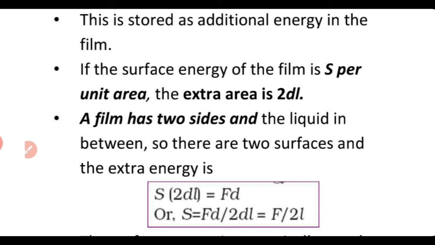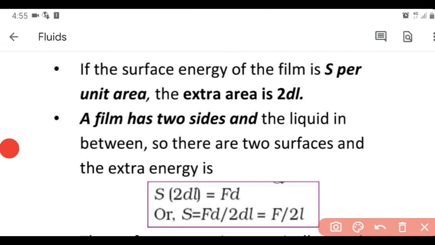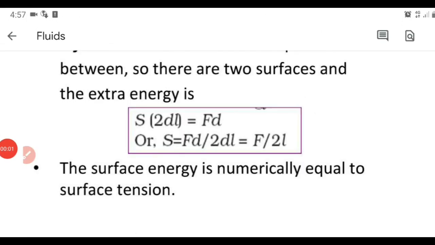So surface tension is the force per unit length. We got S is equal to F by 2L. S is surface energy, and F by 2L is force per unit length, which is surface tension. So we have proved that surface energy is numerically equal to surface tension.